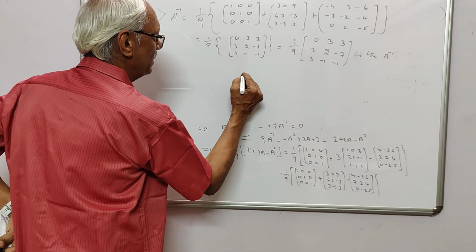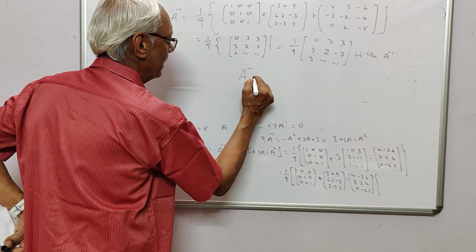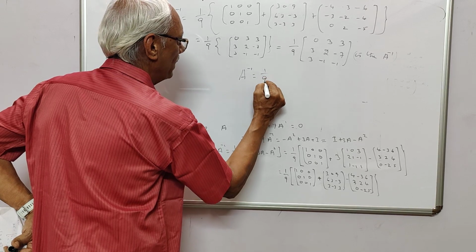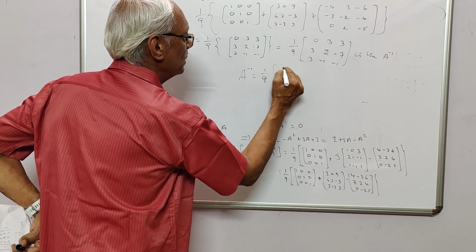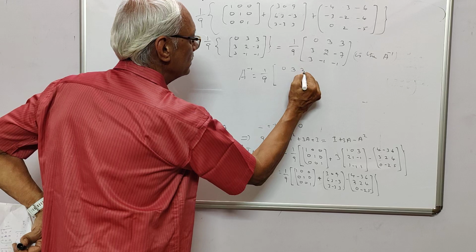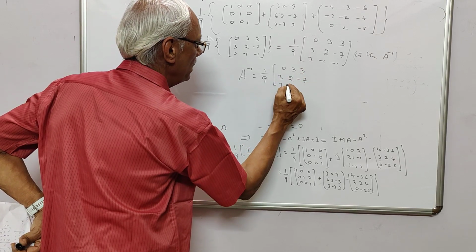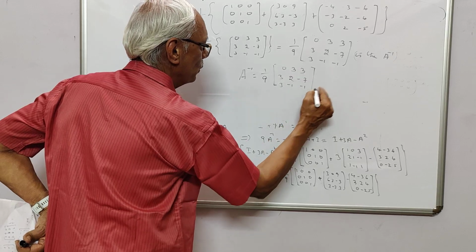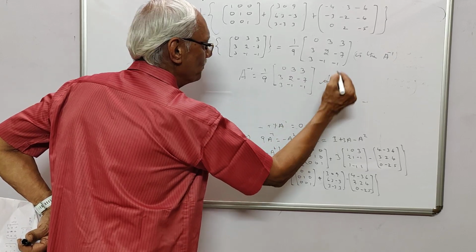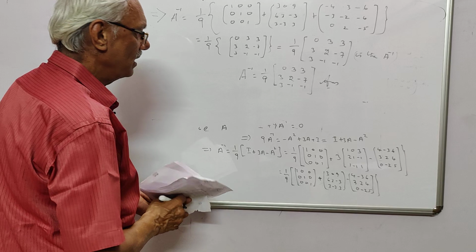That is, A inverse is found to be how much? A inverse is equal to 1 by 9 into 0, 3, 3, 3, 2, minus 7, 3, minus 1, minus 1. So this is your answer for this one.